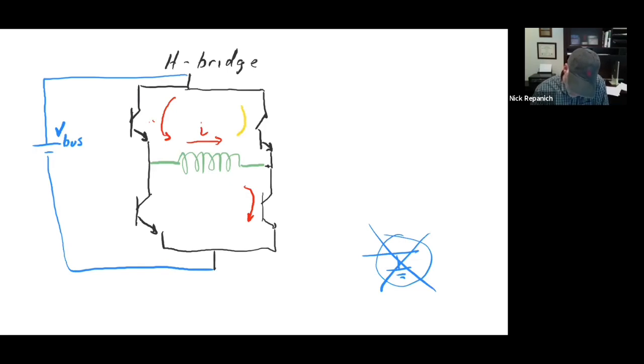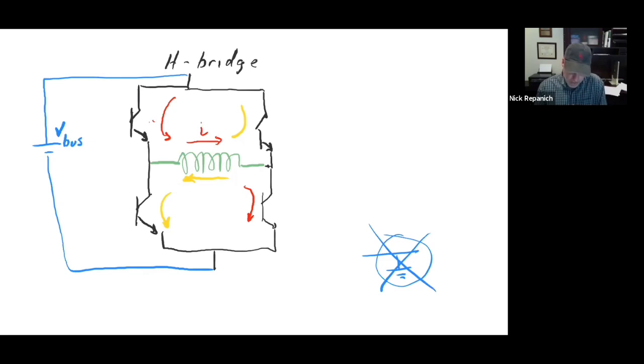If we're going this way, then current's going that way, and we're going to open the other set of transistors. Transistors can switch on and off really, really, really fast. And so this is happening at kilohertz or faster, which is about the right rate you need to switch motor windings to get it to turn right at most speeds.